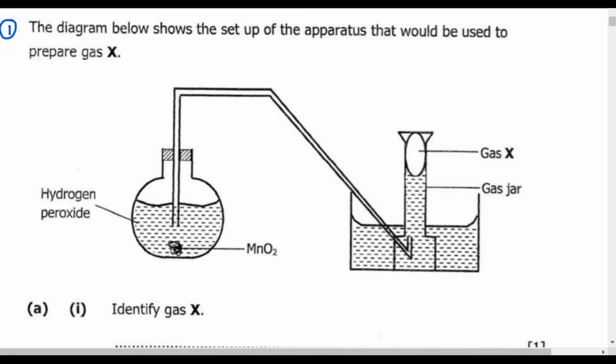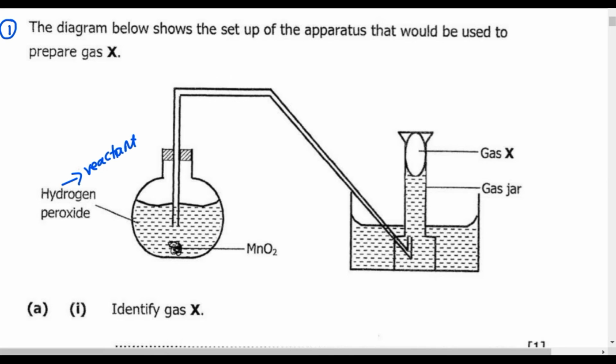Okay, so we have this question as our first example. The diagram below shows the setup of the apparatus that will be used to prepare gas X. Now the reactant is hydrogen peroxide. So this is working as our reactant.